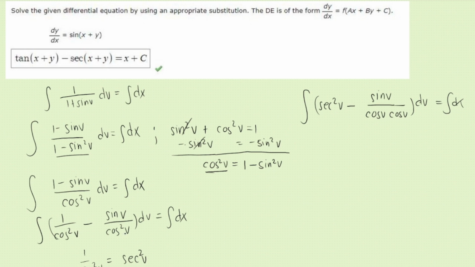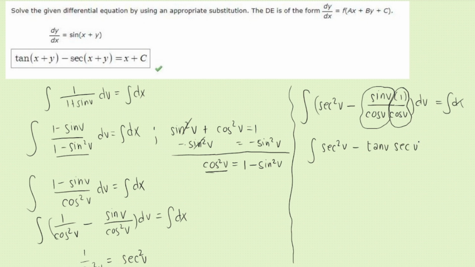So we just separated the two cosines because I want to express sine over cosine v as tangent of v and 1 over cosine v as secant of v. So this would now be sine v over cosine of v is tangent of v, 1 over cosine v is secant of v. Now, it would be easier for us to integrate this because these are already formulas.